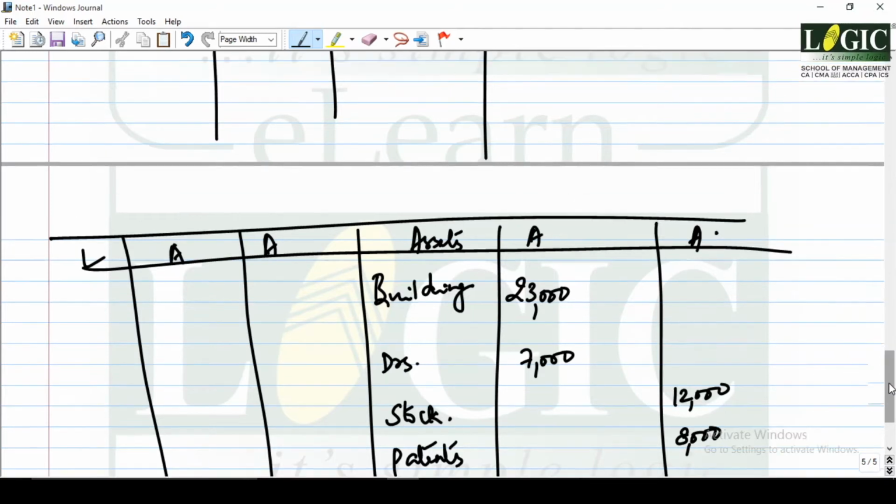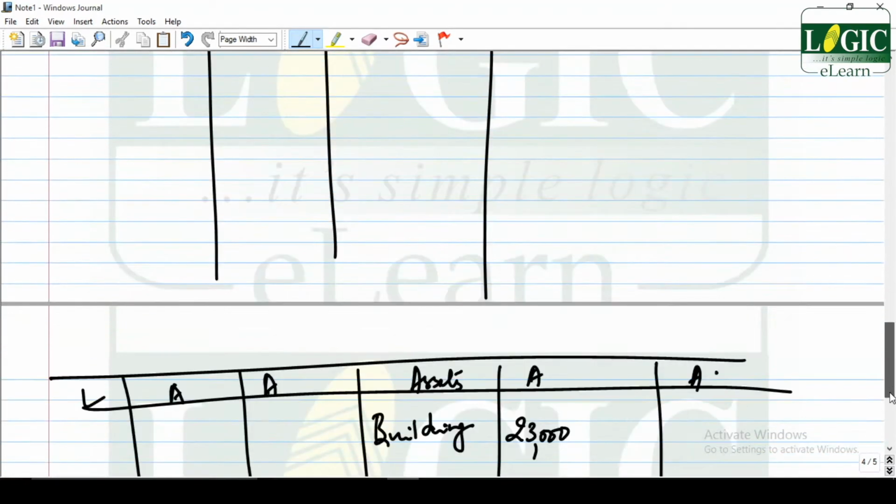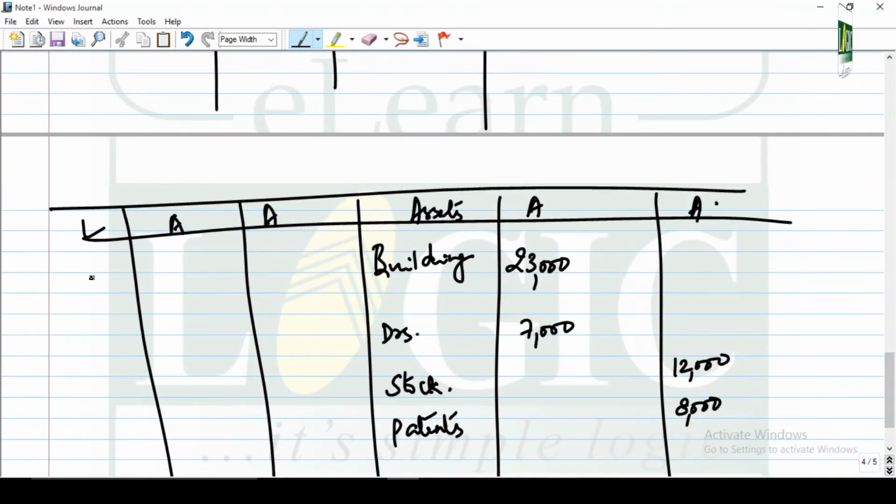Now bank balance, take it as cash at bank. All assets have opening debit balance, so to balance brought down, how much? 6,000. Then coming to the liability side, creditors is not having any adjustment, so put it in the outer column, 16,000.